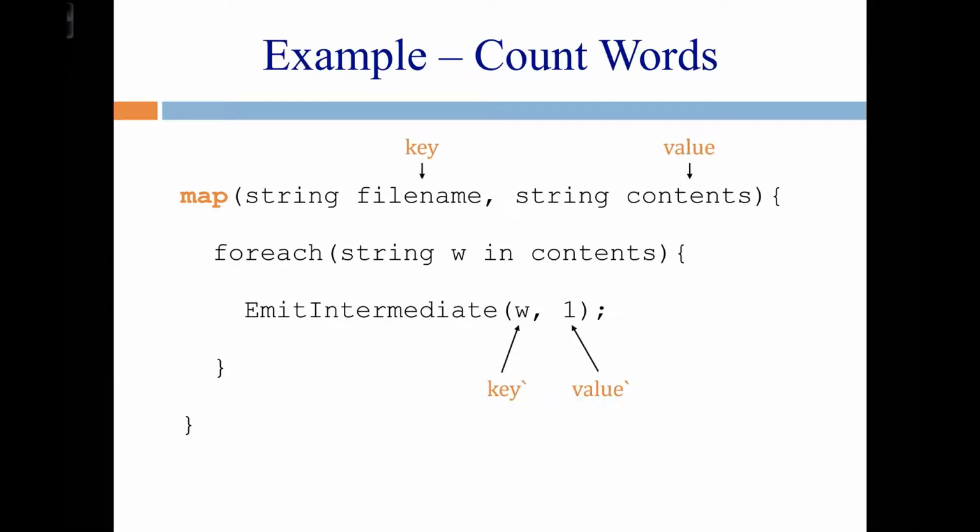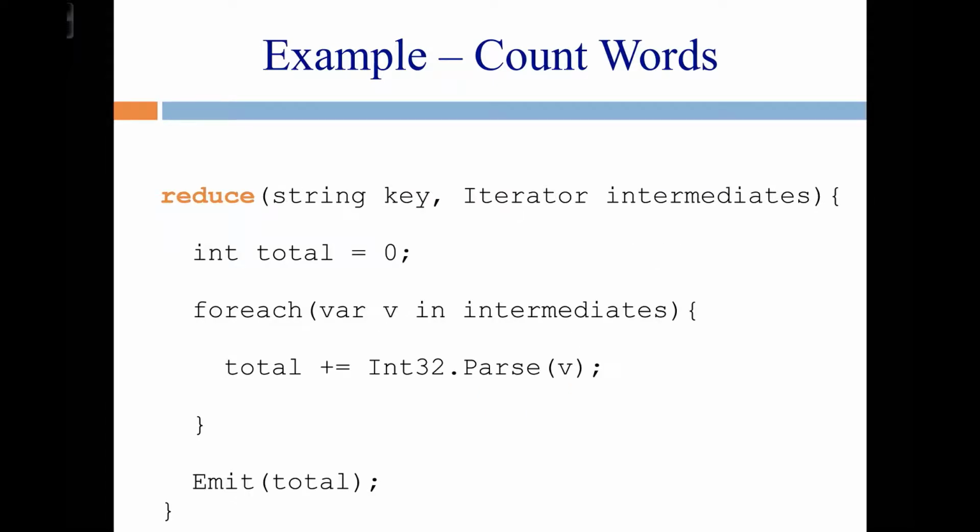Okay, so the inputs here were key value pairs. The output, W and 1, those are the key prime value prime pairs. And then reduce, after all of those key prime value primes have been collected and put into the list, you write your own reduce function. You're going to work on one key. So in the word count example, we just loop through every intermediate result, so all of those counts for whatever key, whatever word, and we just add them up.